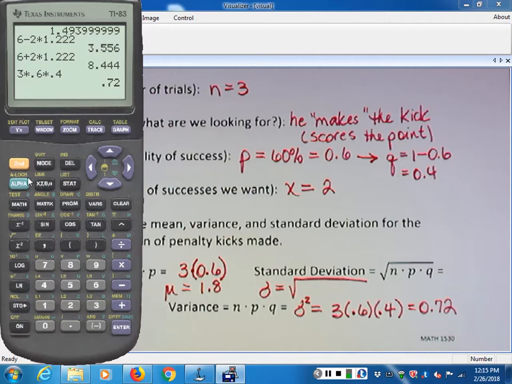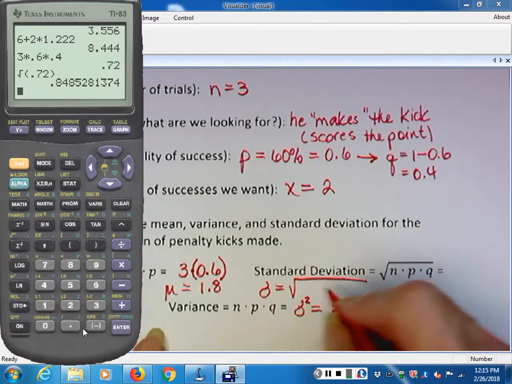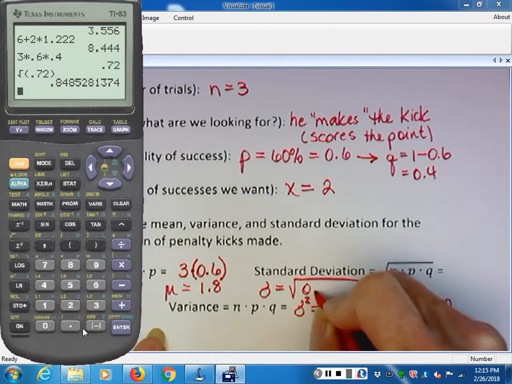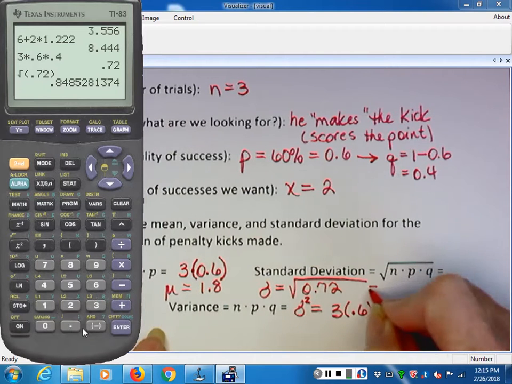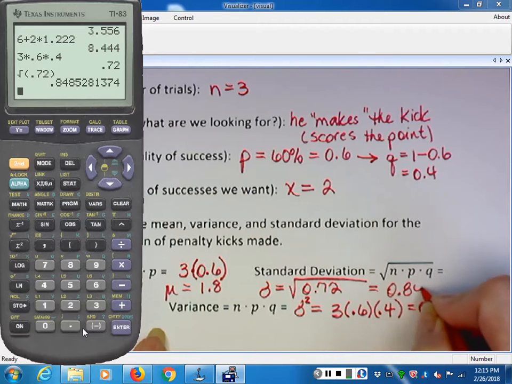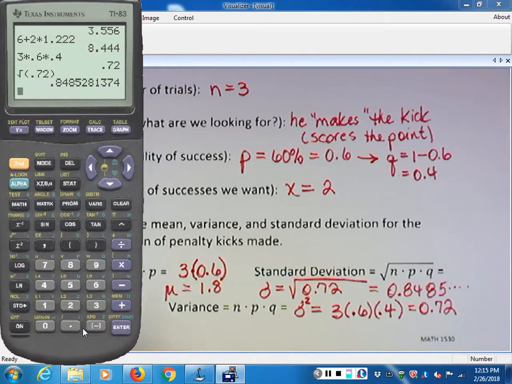So when I take the square root of that number, what I have is the standard deviation. And you would round that off however it says to round it off. Okay?